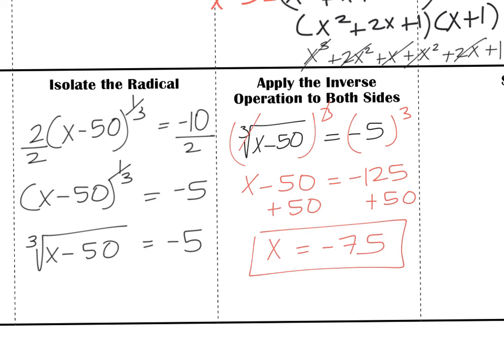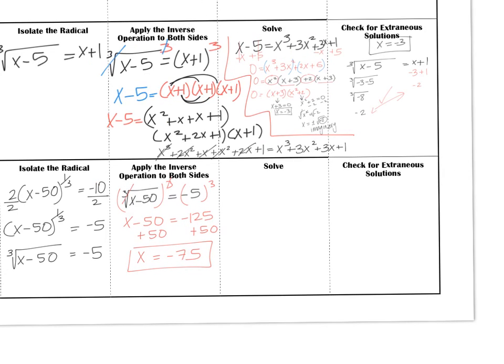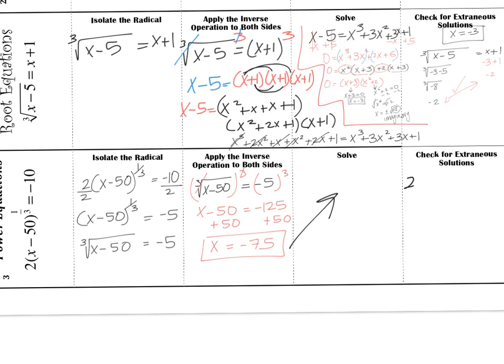Now remember, you have to plug that back into the main equation and check if you're going to get an acceptable answer. I should have solved that in the third column. Okay. Now let's copy this into the last column.